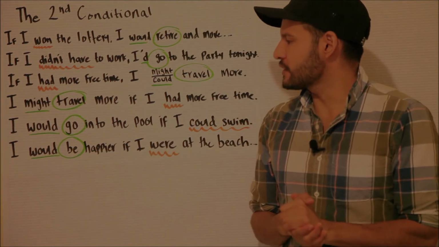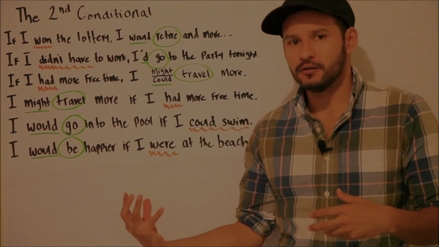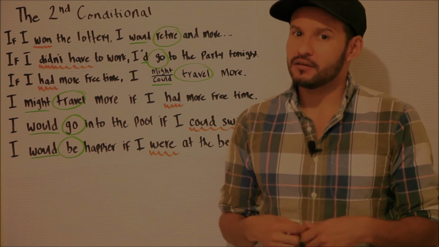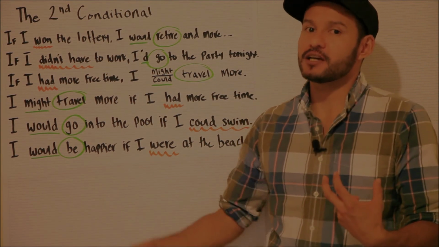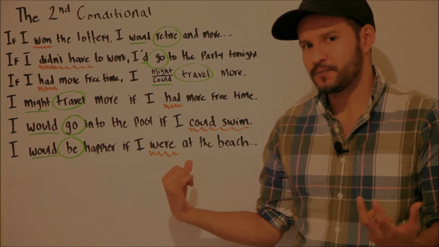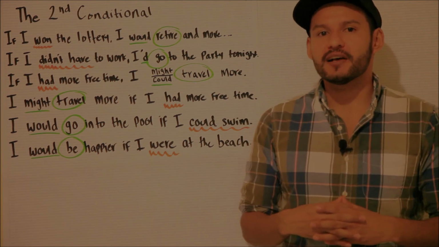And then the final example is I would be happier if I were at the beach right now. Same thing. The reality is that I'm not happy, or at least I'm not as happy as I could be if I were at the beach, which I'm not. But here, pay attention to the conjugation of the verb to be in the simple past.